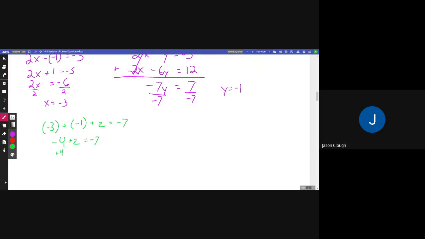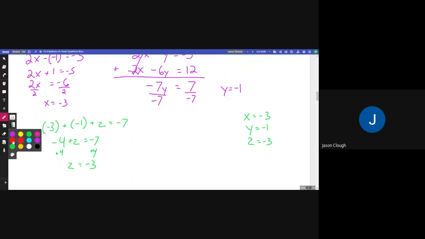Add the 4 over, and we get -7 plus 4, which is -3. So far I have x equals -3, y equals -1, and z equals -3.